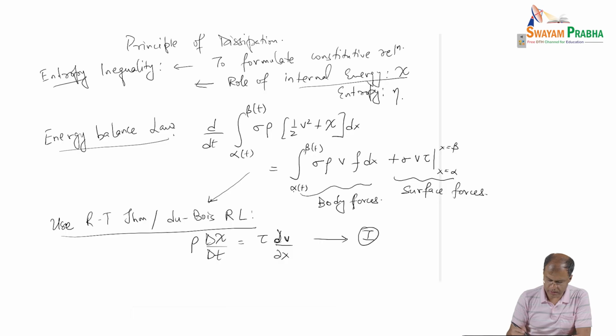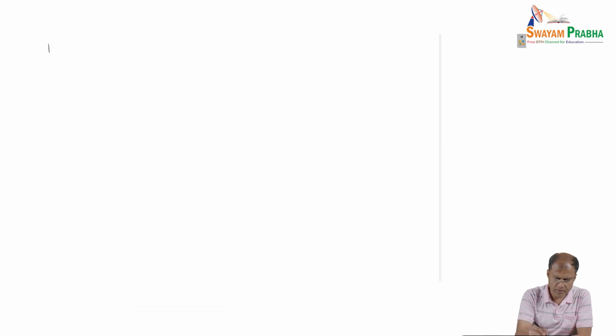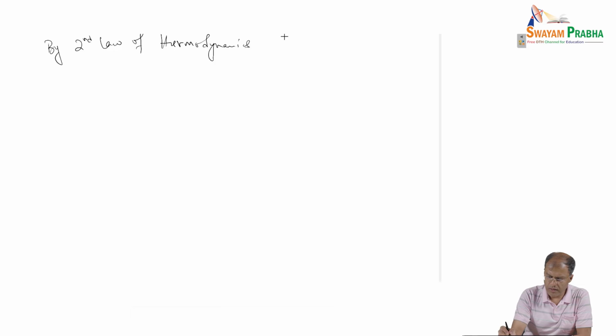Now let us also define our variable eta. Eta is the entropy density. By the second law of thermodynamics, we have that d eta/dt is greater than or equal to 0, the so-called Clausius-Duhem inequality.